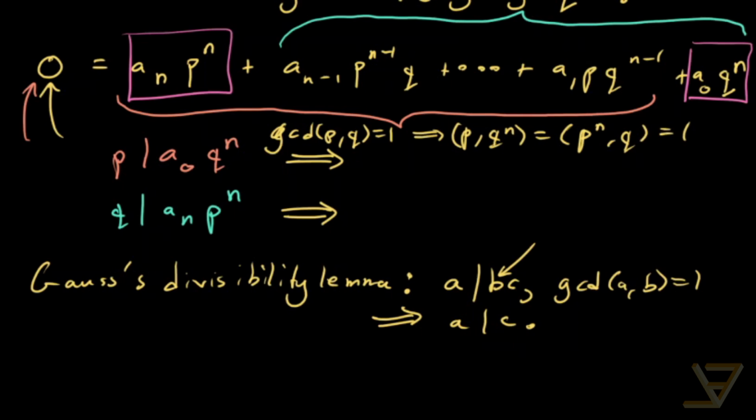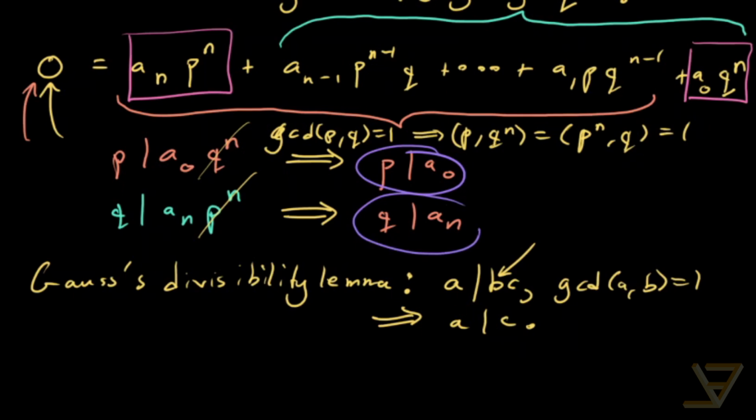So what we get from that is that p divides a_0 and q divides a_n. So in essence, we can get rid of the q^n and the p^n, and we're left with this. So that proves the rational root theorem.